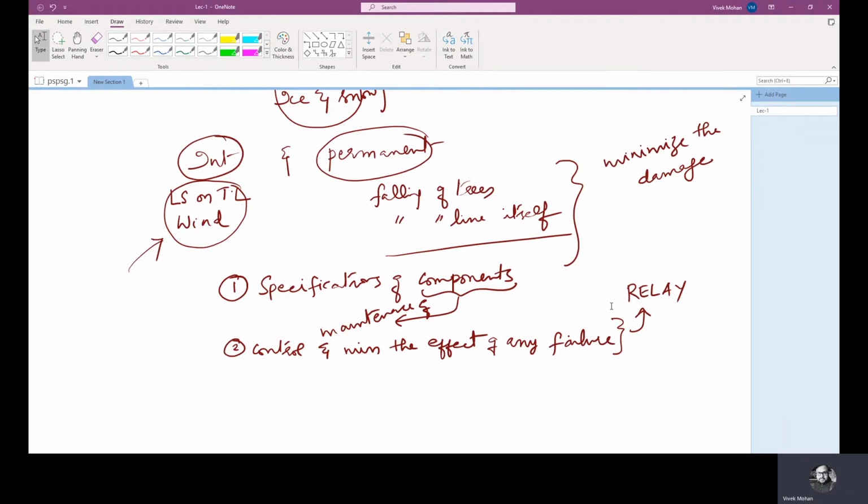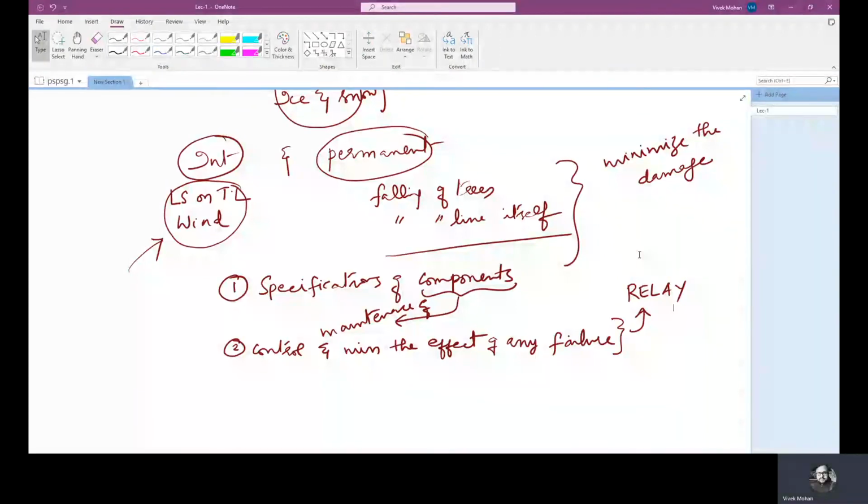So the relay not only protects the part which has the fault, it protects the remainder of the system from the damage, because if the effect of the fault is there for a prolonged period, then it spreads, as we have seen in the example of the transformer fault. It spreads and it may lead to a catastrophic failure.